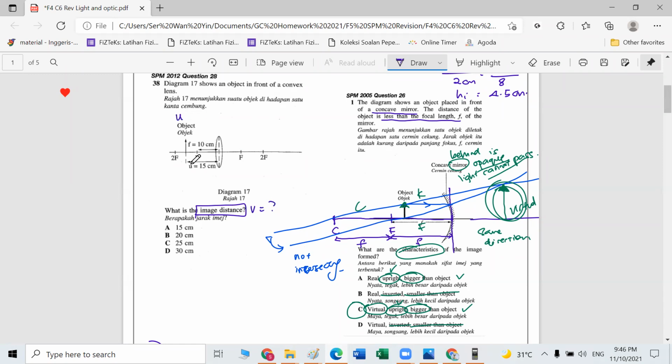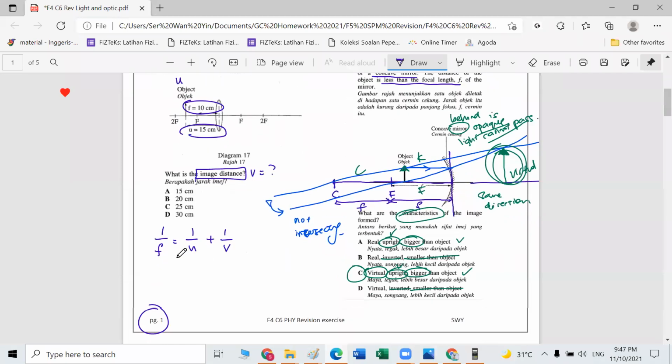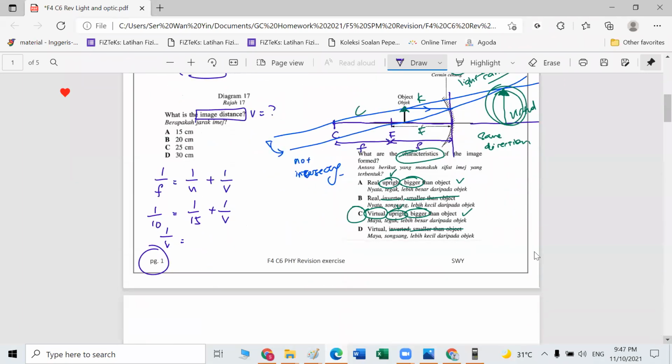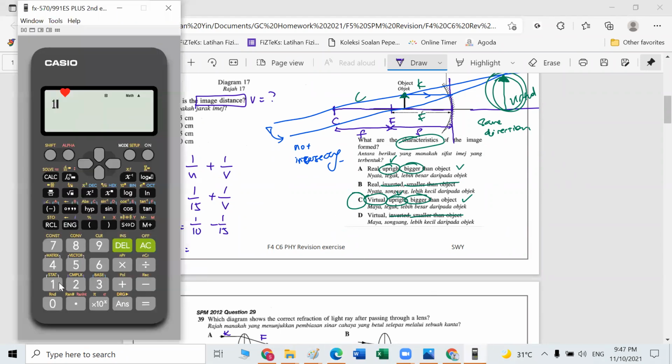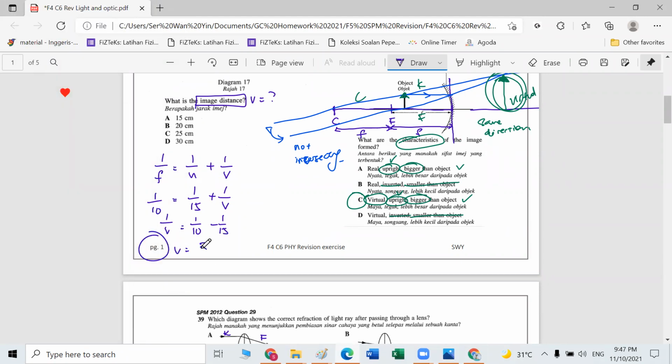So 1 over F equals 1 over U plus 1 over V. So 1 over 10 equals 1 over 15 plus 1 over V. 1 over V equals 1 over 10 minus 1 over 15. 0.1 minus 1/15. So V is 30.